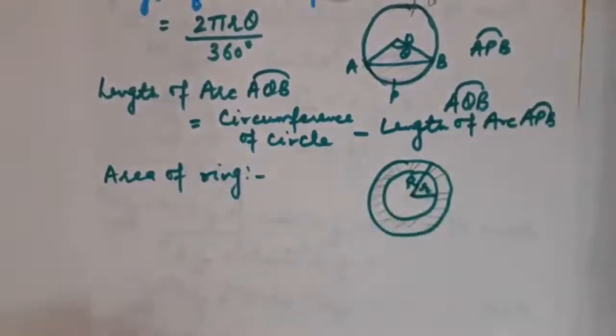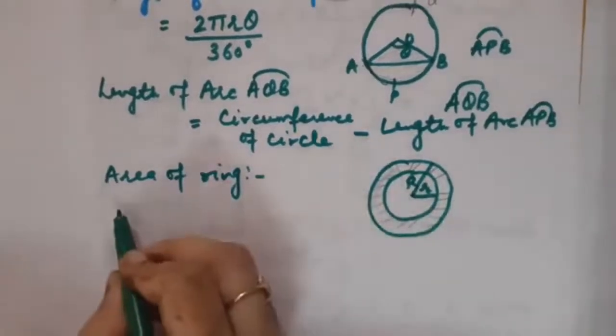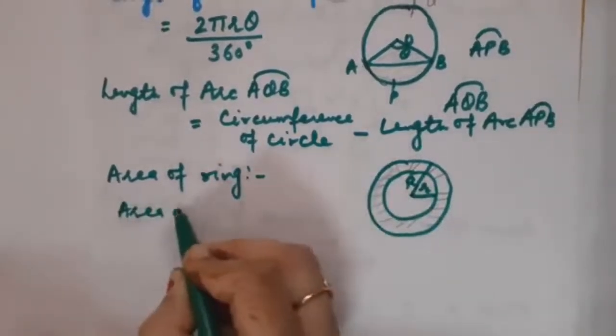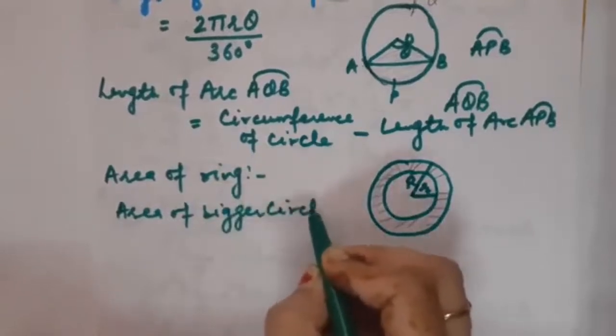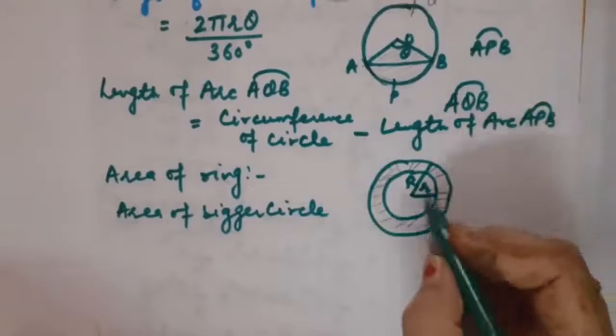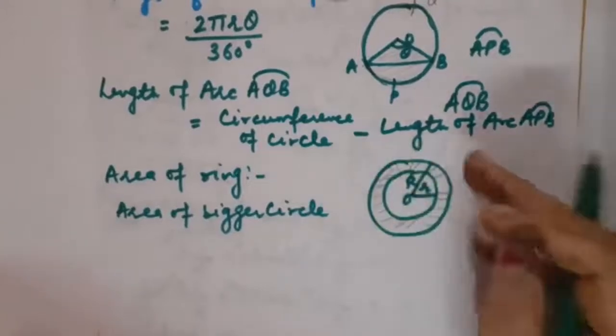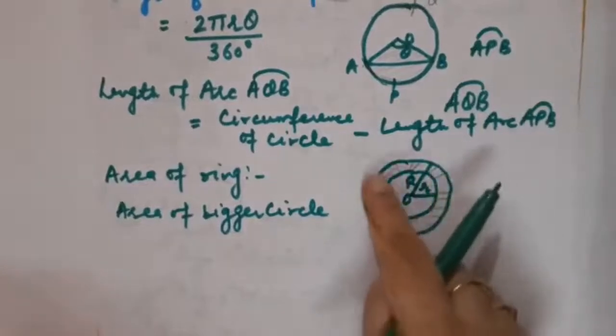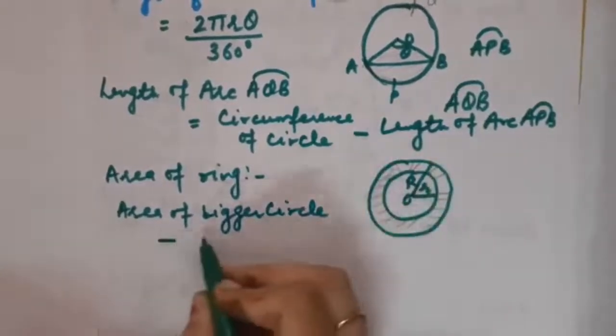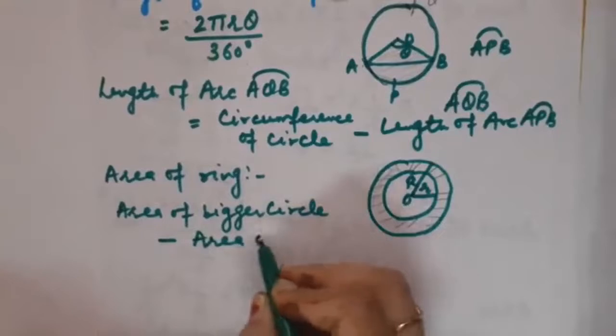So what is to be done for that? You have to just calculate the area of the bigger circle. This is the bigger circle, complete. And if I subtract the area of this smaller circle, I will be getting the area of the ring.